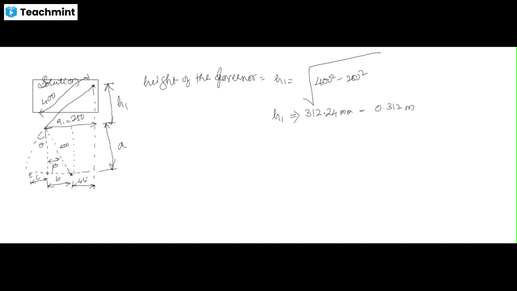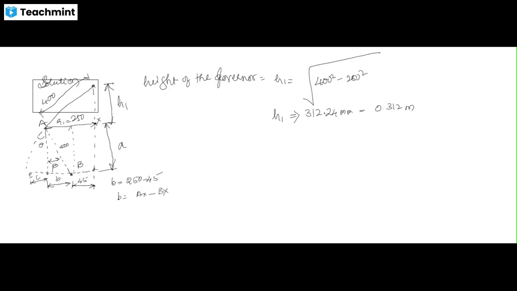To find the value of A, you need to find the B distance here. How will you get the B distance? Observe, you need this much distance. Consider this a reference point A, and X here, and one more point here, capital B. So small b equal to AX minus BX.